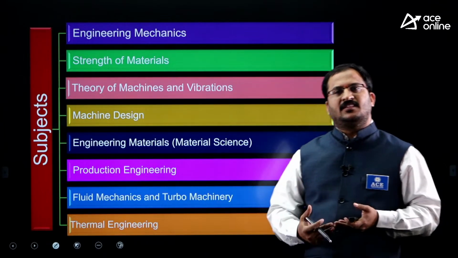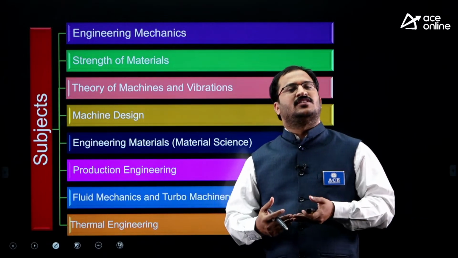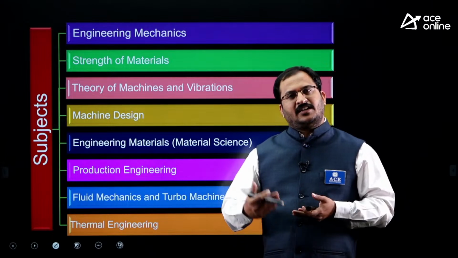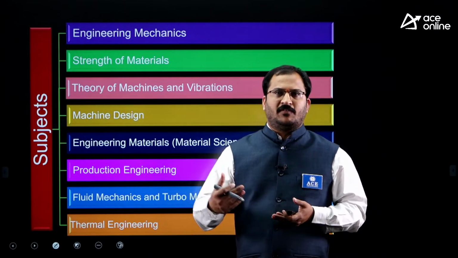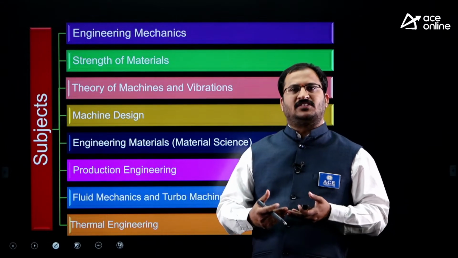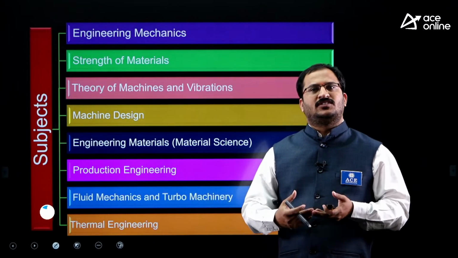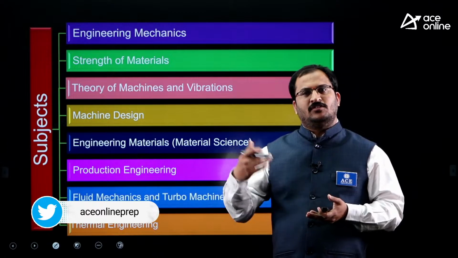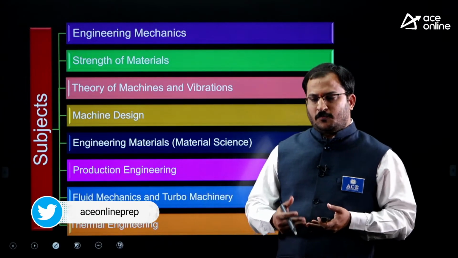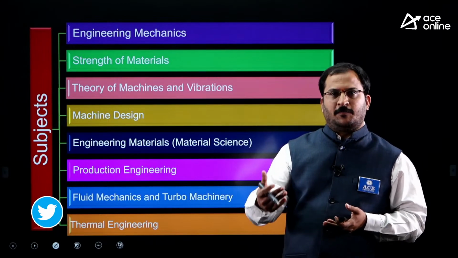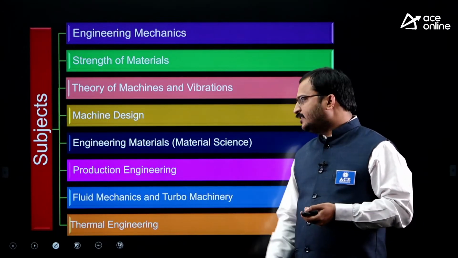Here this SSC JE examination is conducted in 2 levels. One is paper 1, the second one is paper 2. Paper 1 is a computer based test and paper 2 is a descriptive type of examination, or you can call it a written examination. You can also call this a prelims examination or mains examination.